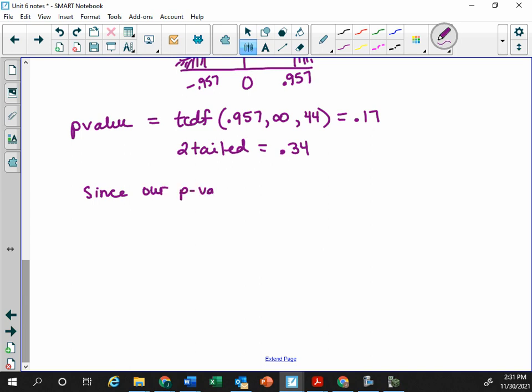Since our p-value of 0.34 is greater than alpha of 0.05, we fail to reject the null.